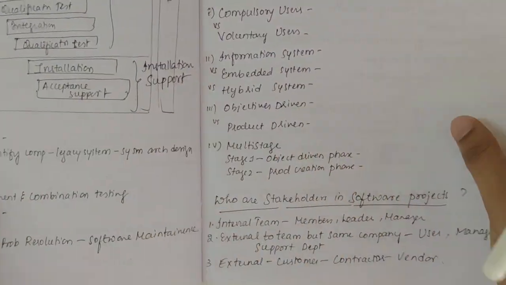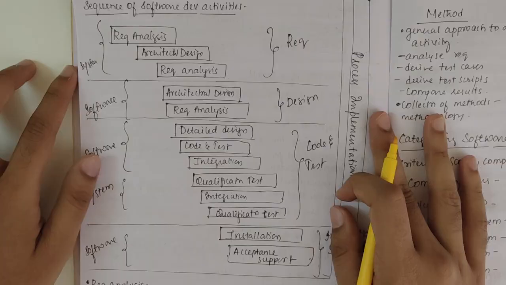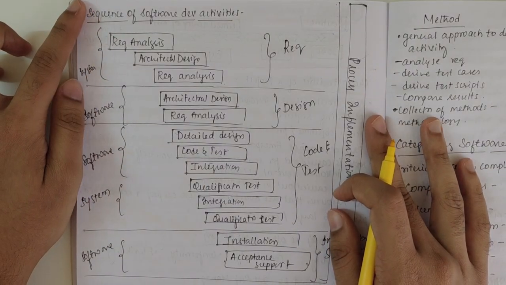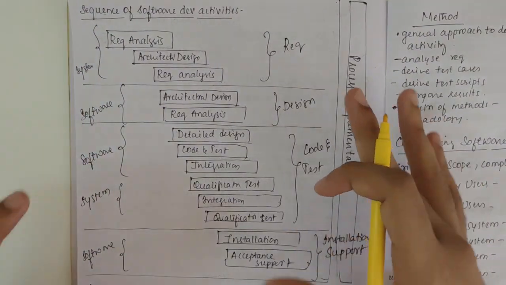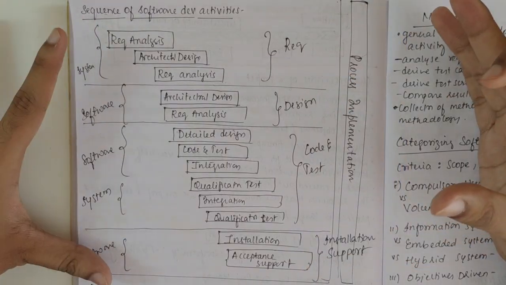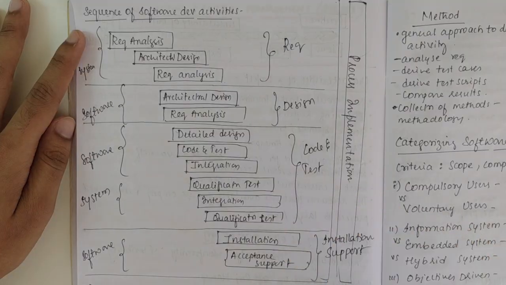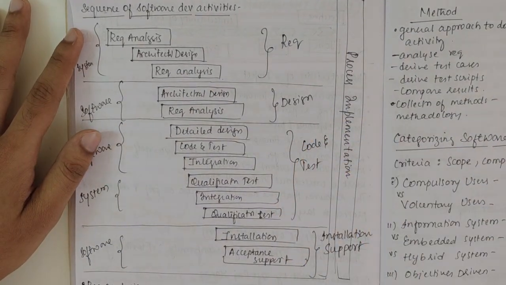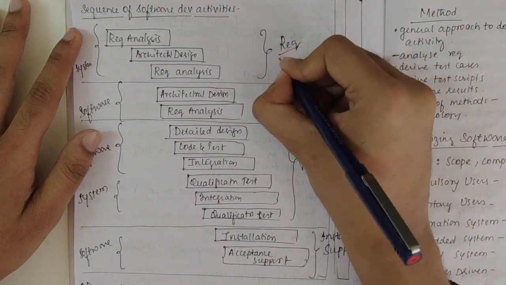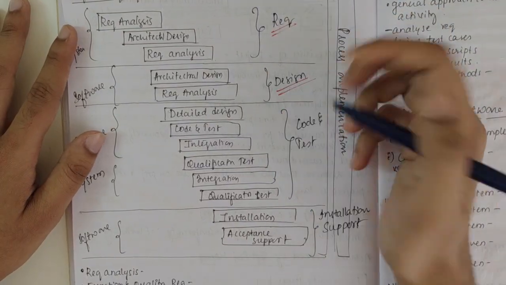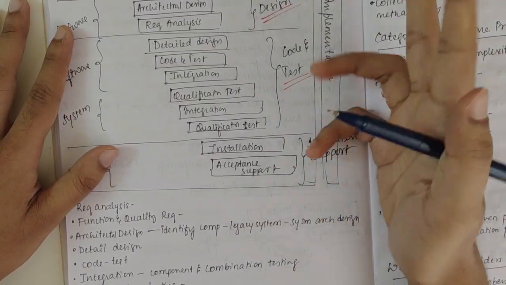Let's move further. We have the sequence of software development activities. The sequence of software development activities comprises the steps which happen for development. First we have requirements. Requirements is the first step. Then we have the design, second step. Then we have coding and testing as the third step.